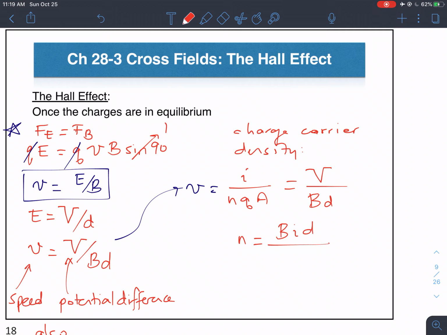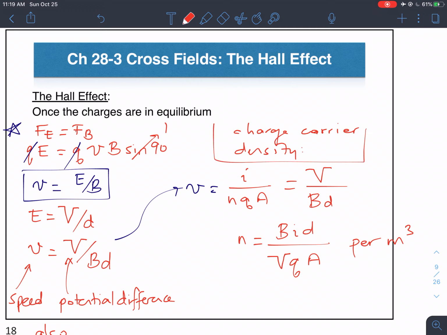Okay, and then we have that voltage times the charge times the cross-sectional area, and remember this is per meters cubed because that is the density, charge carrier density, right?